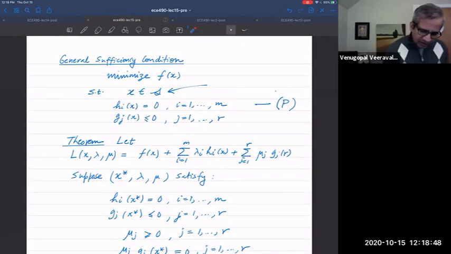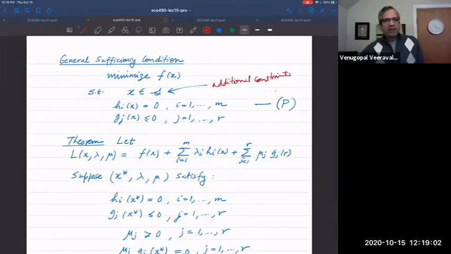where in addition to these equality and inequality constraints, you have some additional constraints here. Now these may or may not come from equality or inequality constraints.